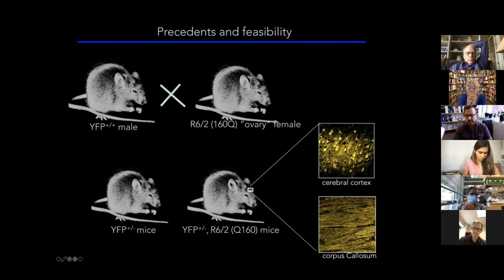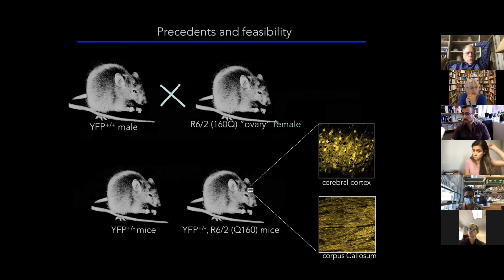And this is an example. So you produce now a YFP mouse reporter, and the brother or sister will be affected by the mutant Huntington gene. And these are examples of what you can see in the cerebral cortex or in the corpus callosum of these mice, okay? So this is what we call R62 reporter mice.